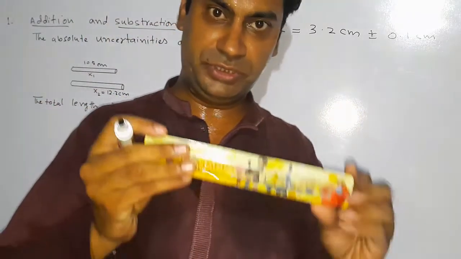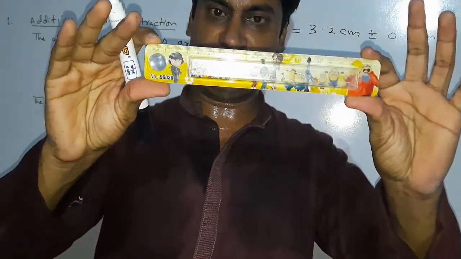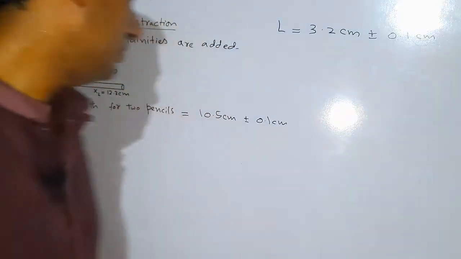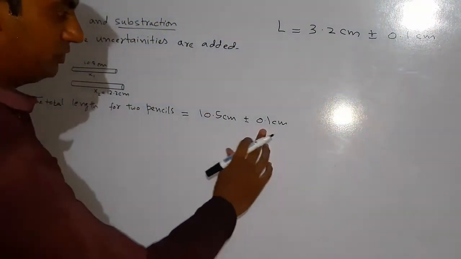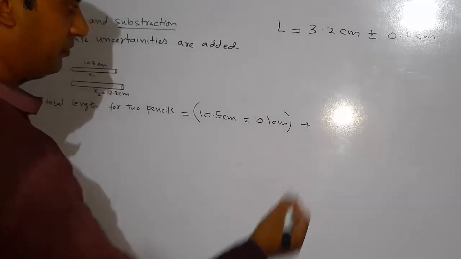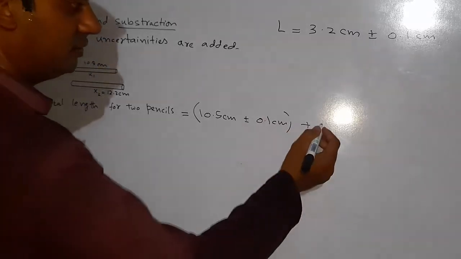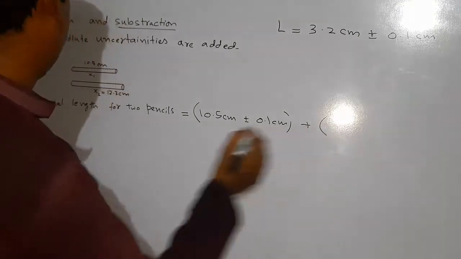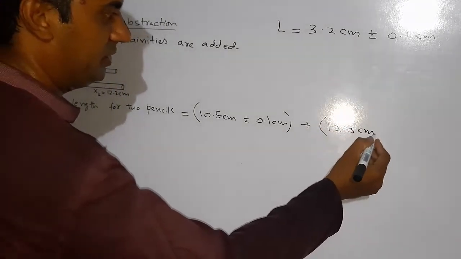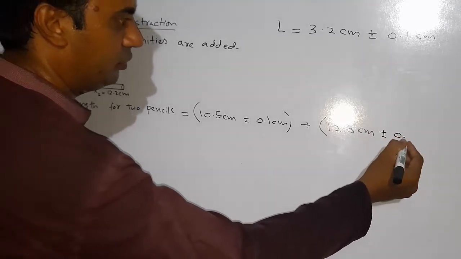Because we have measured the length of each pencil with this measuring instrument, the meter rule. So 0.1 centimeter is the absolute uncertainty for the first pencil. And then the second one is 12.3 centimeter plus minus 0.1 centimeter.